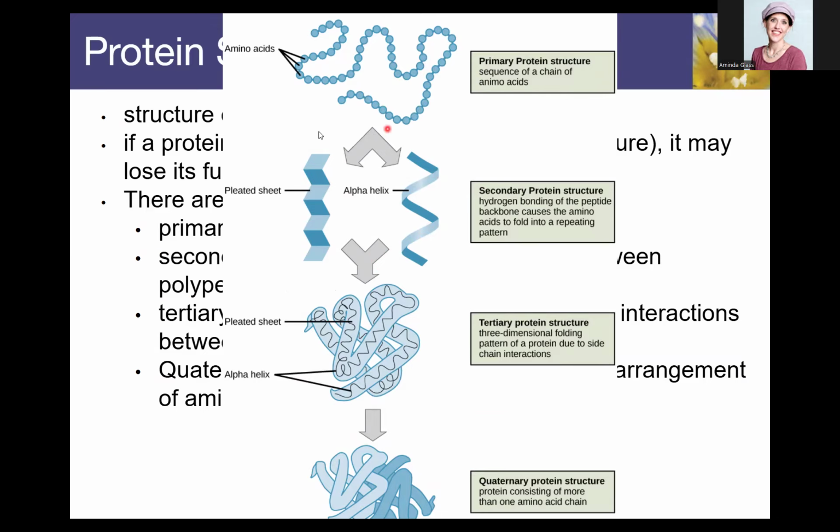Then you have the quaternary protein structure, and in this you have more than one amino acid chain. So finally, you've built up here, you have multiple tertiary protein structures. And the quaternary protein structure, you have more than one amino acid chain.